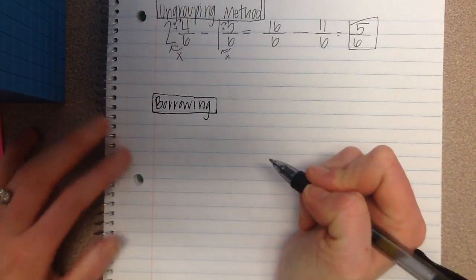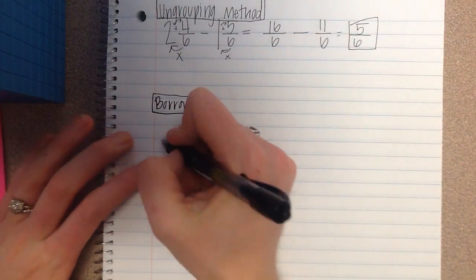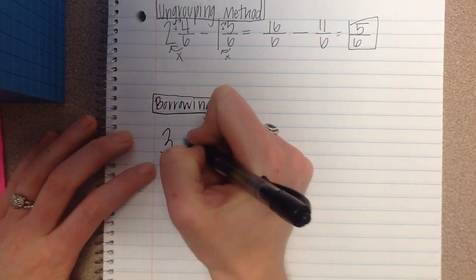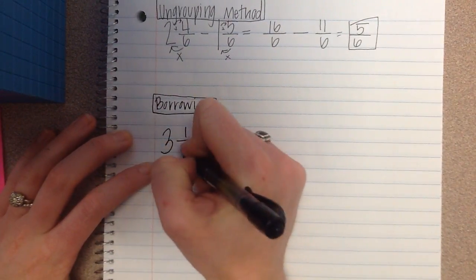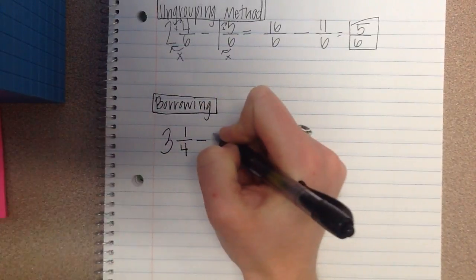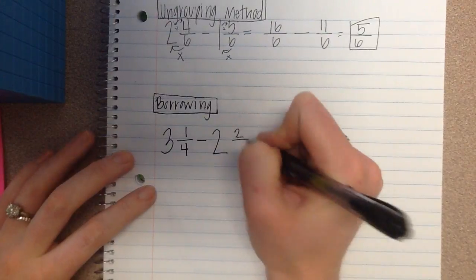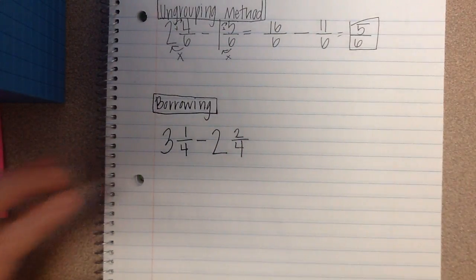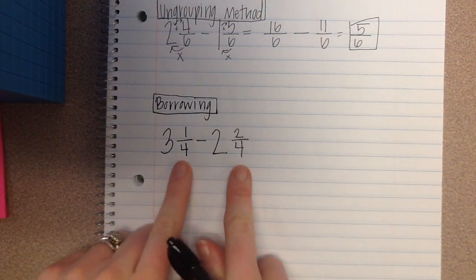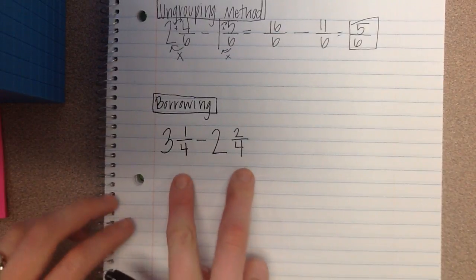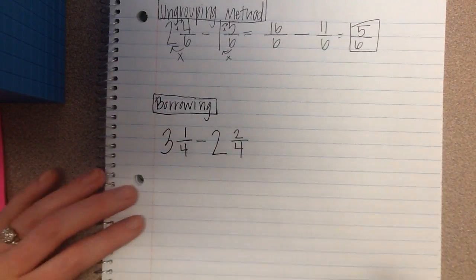Okay, so also you have 3 and 1/4 minus 2 and 2/4. Pretty simple, okay? So we already know that our denominators are the same, so we don't have to do anything.